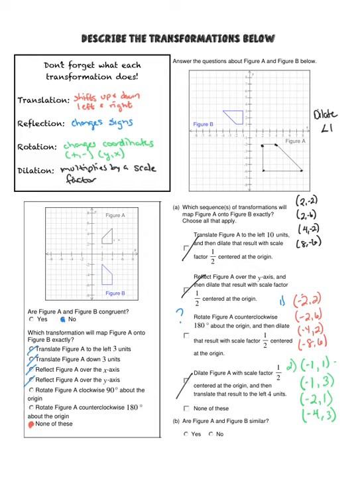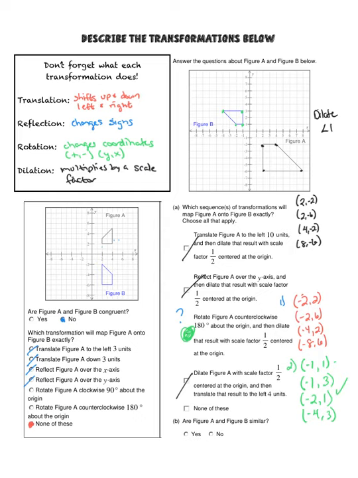So let's see. I'm looking for (-1, 1), (-1, 3), (-2, 1), and (-4, 3). It works. I did it mathematically.